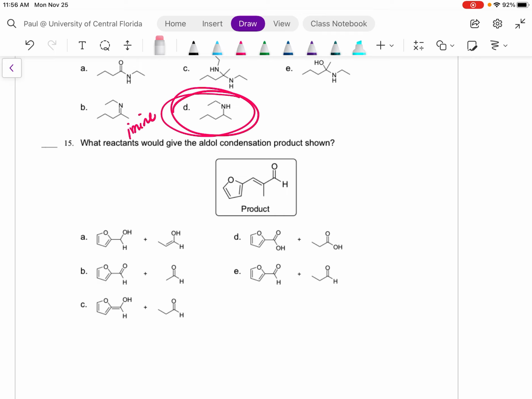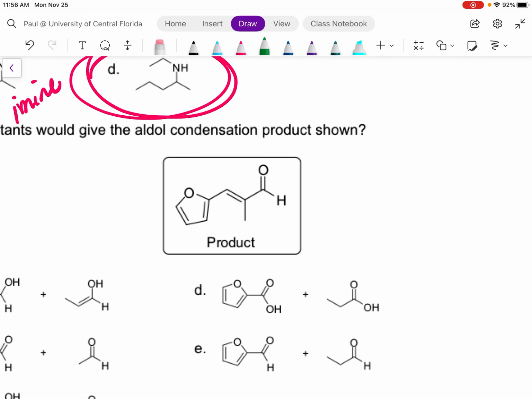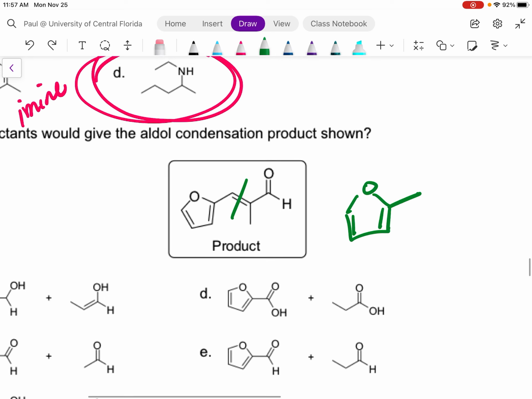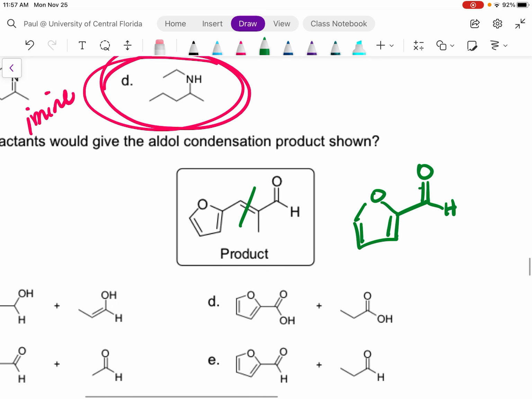What reactants would give the aldol condensation product? In this one, we have to go back, so we just are going to sever that bond. And so we're going to have those two pieces. We're going to have the ring, and then we're going to have a carbon. So that carbon right there is that carbon right there. And so that's just going to be our aldehyde piece.